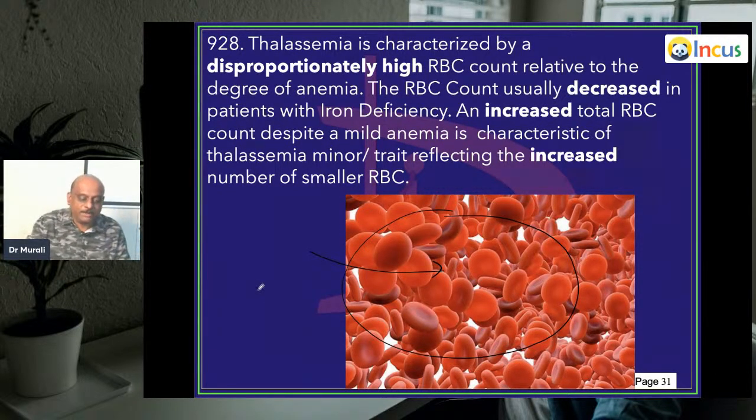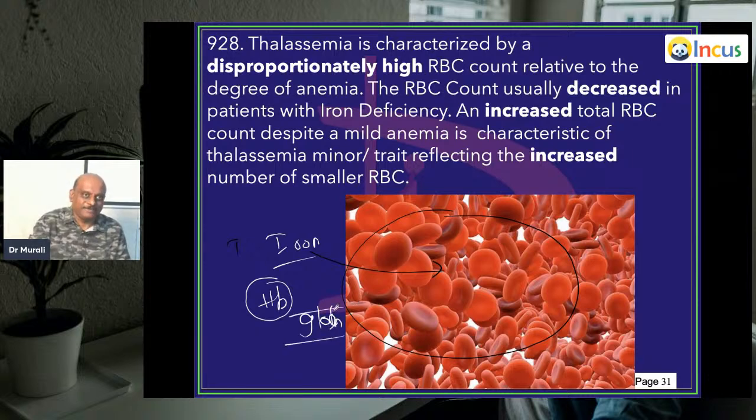So in thalassemia, what happens fundamentally? Is the iron available in thalassemia? Iron is available. Only hemoglobin globin chain production is affected genetically because of a mutation. So that is the reason hemoglobin is produced, but in smaller quantity.